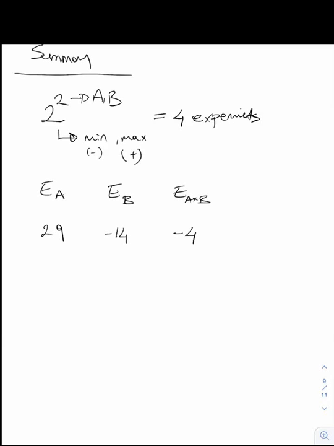So the first conclusion is to compare effects. Okay, and when I compare the effects, I could say that the effect of A was larger than the effect of B, and that was also bigger than the interaction.